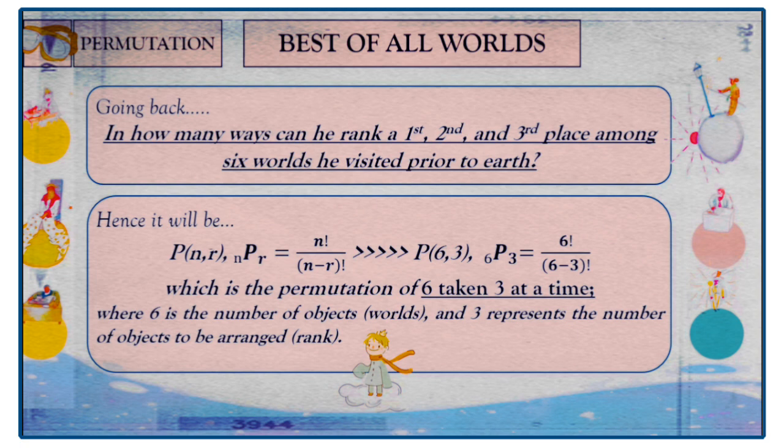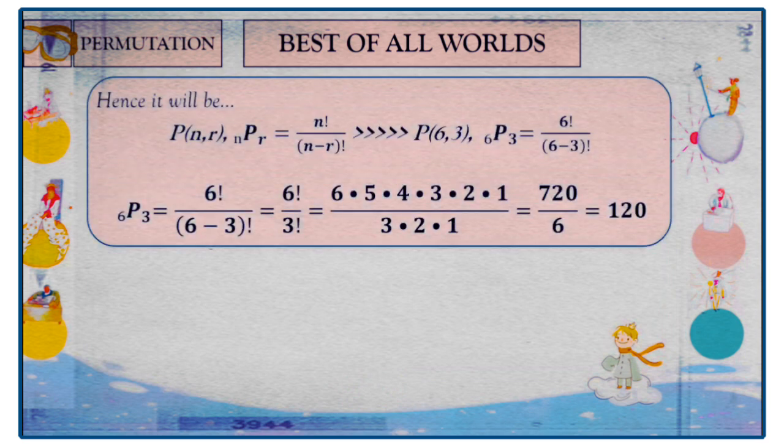Well, it's as simple as 6P3, wherein it's 6 factorial, sorry, now I'm stuttering, 6 factorial all over the quantity 6 minus 3 factorial. So the formula is basically n factorial all over the quantity n minus r factorial. The quantity there is really important because if you don't do that, you're going to get the wrong answer. So it will be 6 taken 3 at a time, where the answer will be as simple as this.